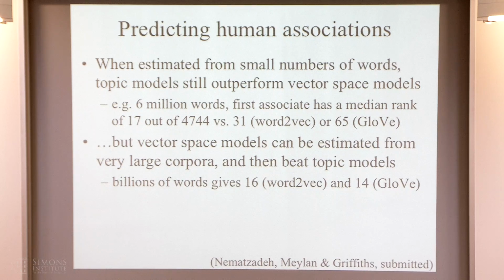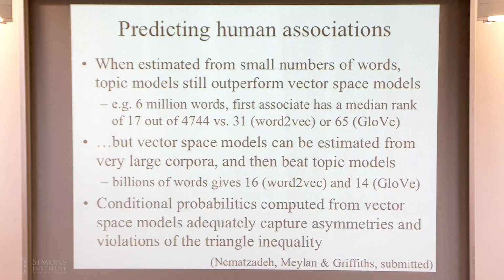These models are producing the first associate that people produce, like the Earth that you said, around a quarter of the time, and the rest of the time doing a pretty good job of producing reasonable associates. You can also show that the conditional probabilities computed from those models adequately capture the asymmetries and violations of the triangle inequality, which we also saw in people's judgments. So it seems like these modern models do a pretty good job at overcoming some of the concerns that we originally had about vector space models.